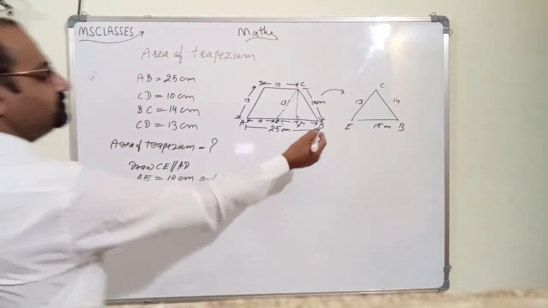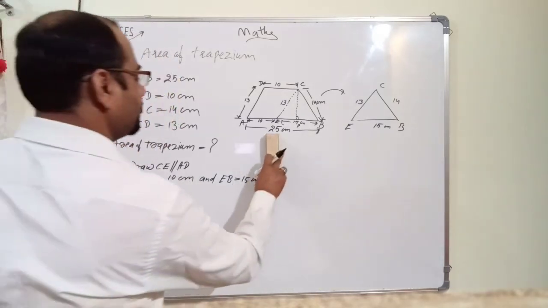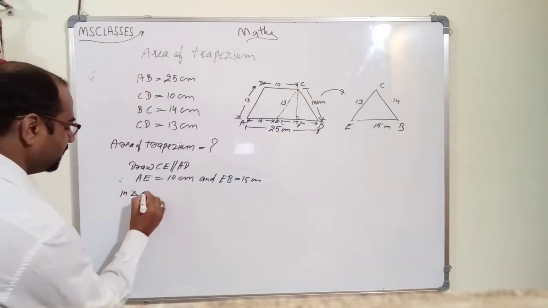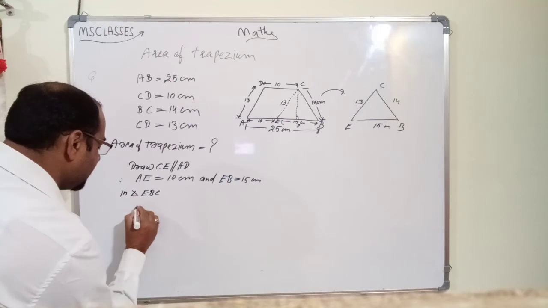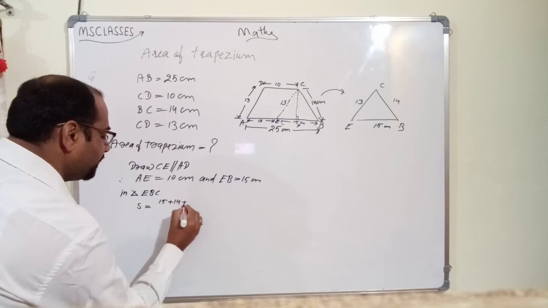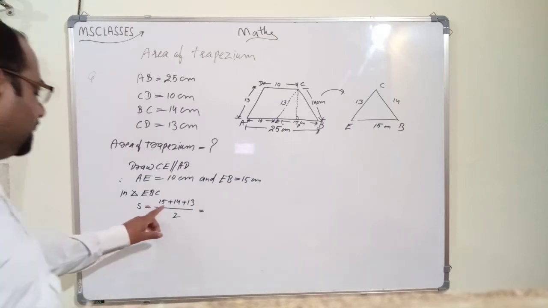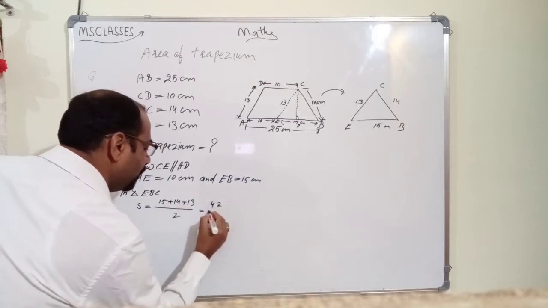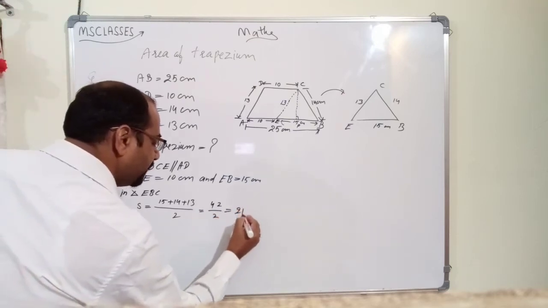So in triangle EBC, S is equal to 15 plus 14 plus 13 over 2, and this is equal to 42 over 2, and this is equal to 21 centimeter.